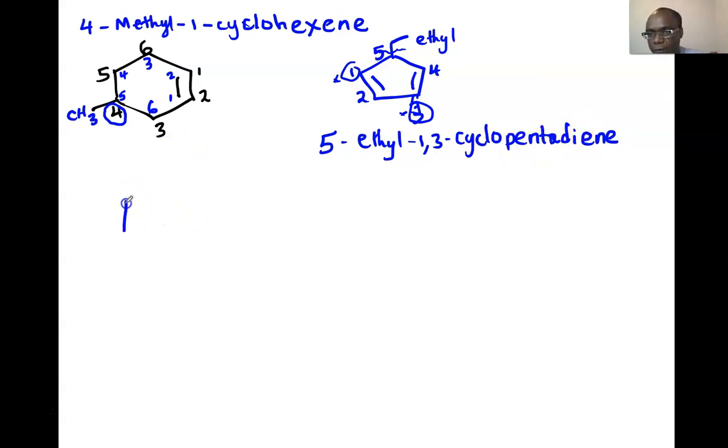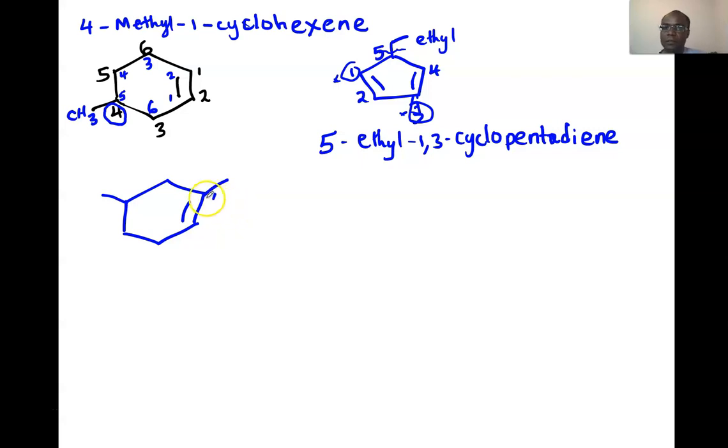So what if you are given this structure? Where would you start? In fact, let me put another method here. If you have 1 double bond and there's a substituent, that's where you want to start.